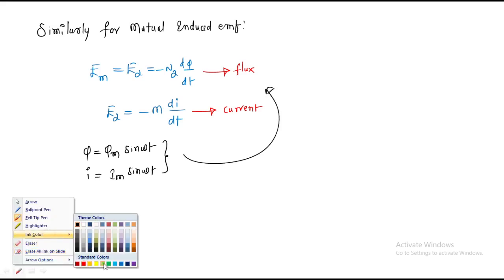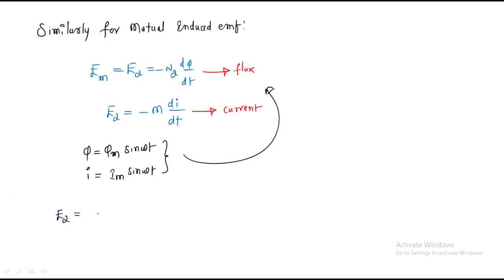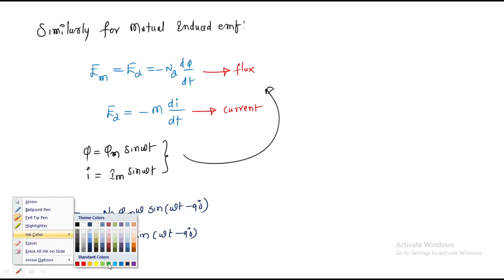E2 is equal to minus N2 phi m omega sin omega t, and E2 is equal to minus M omega Im. From these two, what have we observed?